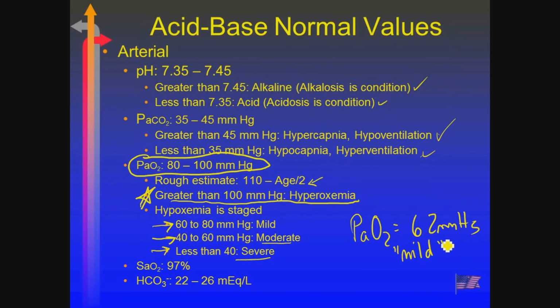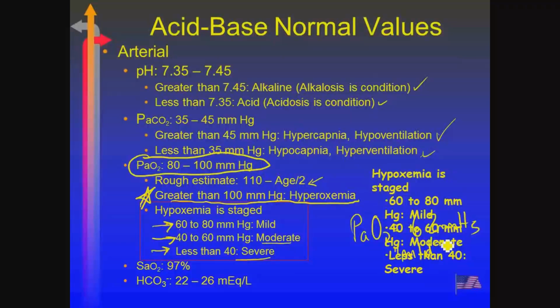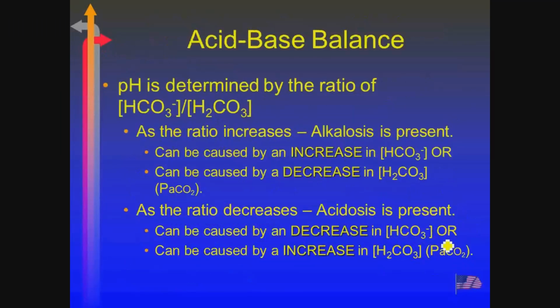All right, let's go for a ride. pH, we said, was determined by that ratio between bicarbonate and carbonic acid, or bicarbonate and PCO2. We said that as that ratio gets bigger than 20:1, we become alkalotic, and that can be caused by either the numerator getting bigger or the denominator getting smaller.